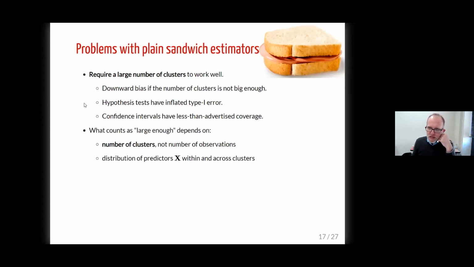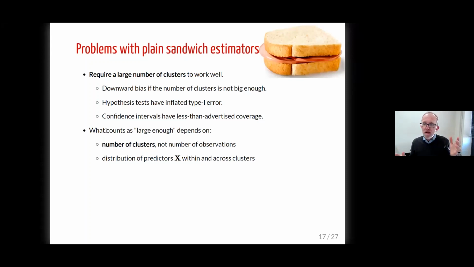And what makes this particularly vexing is that what counts as a large enough number of clusters to trust the plain sandwich estimator depends on the number of clusters, not the number of observations. And it also depends on the configuration of the predictors.